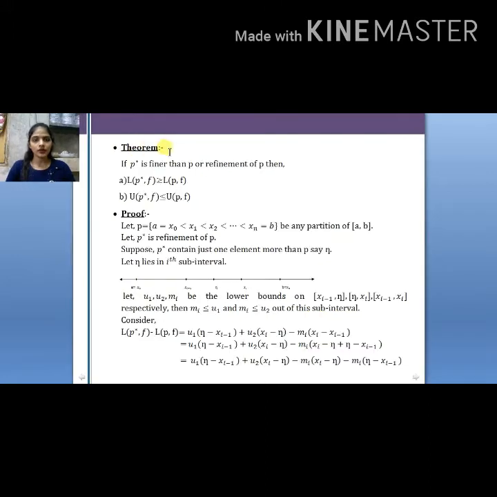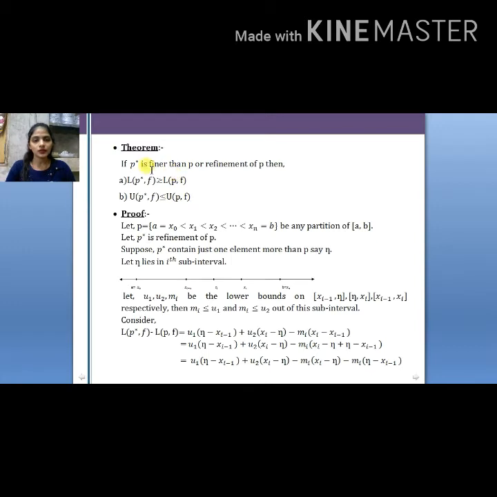We see the theorem. If P* is finer than P, or a refinement of P, then we have to prove, first, L(P*, f) is greater than or equal to L(P, f), and second, U(P*, f) is less than or equal to U(P, f).